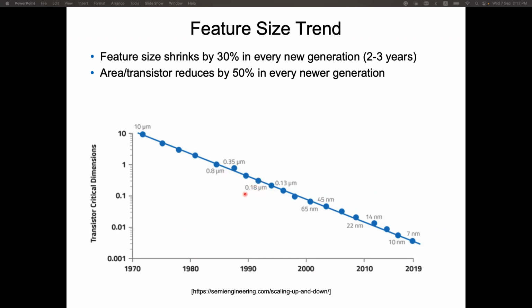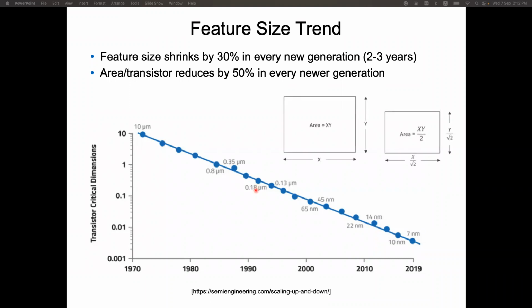The next generation is 0.18 multiplied by 0.7. It's a reduction of 30% in length. So the length in every generation is reduced by 30%. This is about 70% of the original size of the older generation. If you consider 2 dimensions, 0.7 by 0.7 is 0.5. So in every generation, the size is reduced by half.